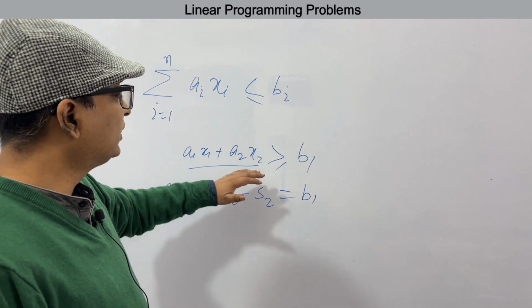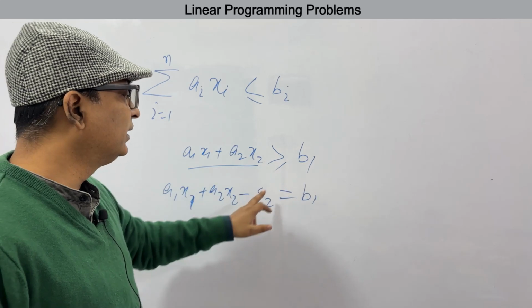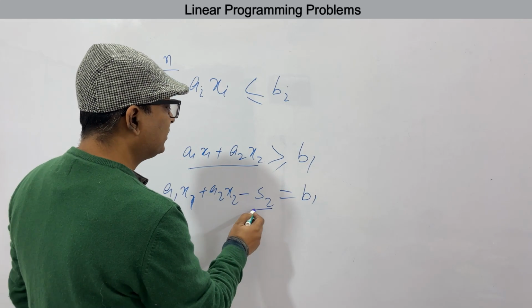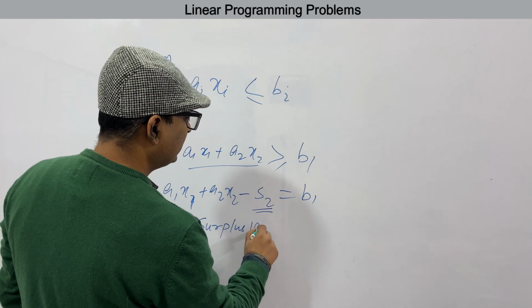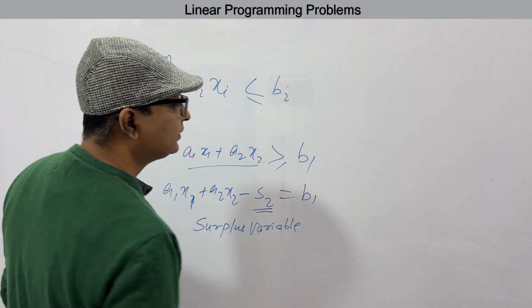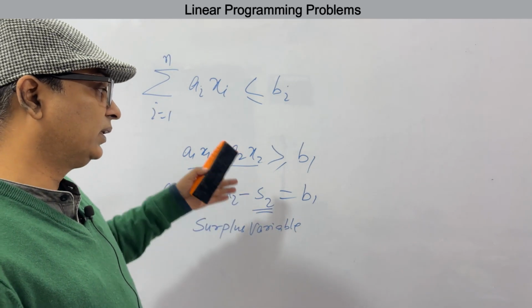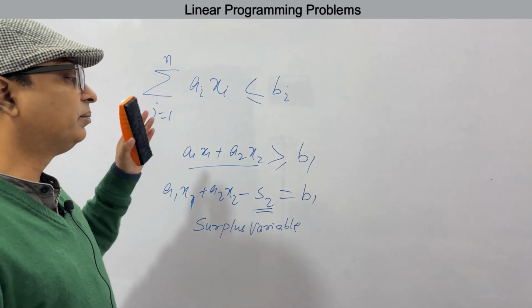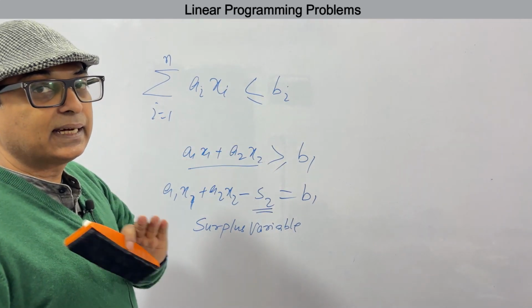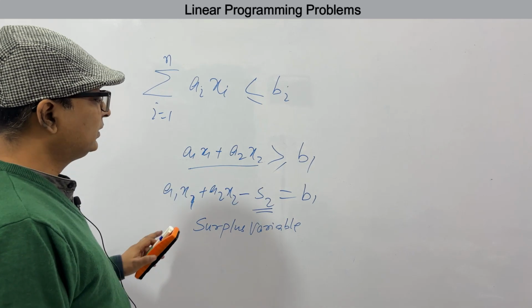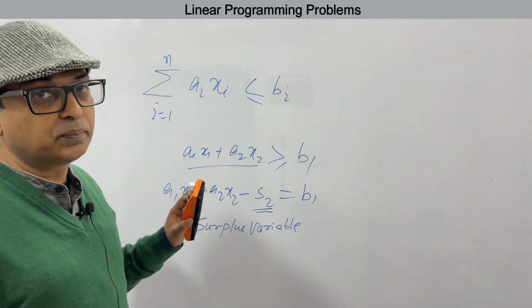Otherwise, by whatever value this is greater than b1, we have subtracted it. So this type of variable is called surplus variable. Okay. So we can transform inequality into an equal to equation by, if it is less than equal to, adding slack variable. If it is greater than equal to, then subtracting the surplus variable.